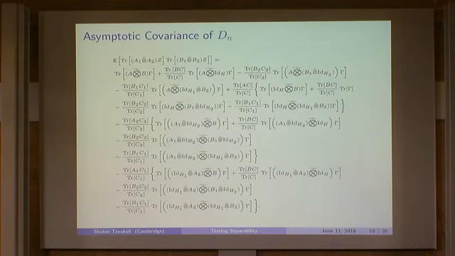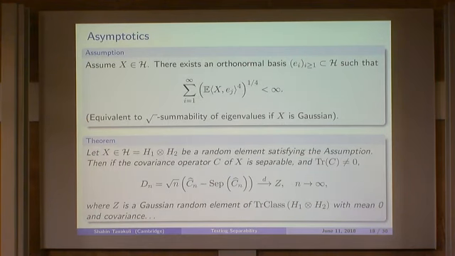Can you just go back one slide? Yeah. How should I think of that assumption compared with the expectation of the fourth moment of the norm of x being finite? Sorry, say that again? How should I compare that assumption that you have there with saying the expectation of the fourth power of the norm of x is finite?